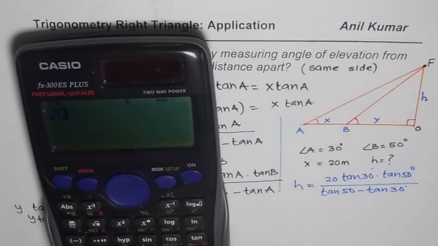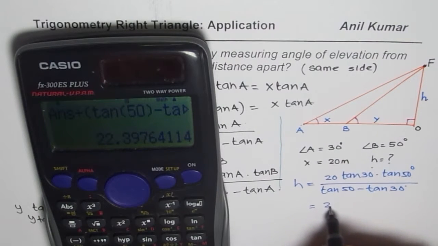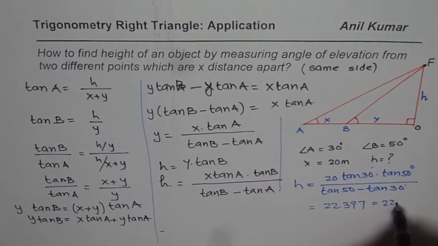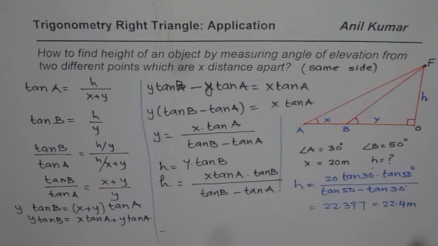So we get 20 times tan of 30 times tan of 50, divided by, within brackets, tan 50 minus tan 30, bracket close, equals. So we get height as 22.397, correct? So you can round it to 22.4 meters.